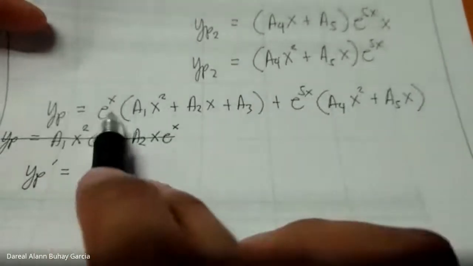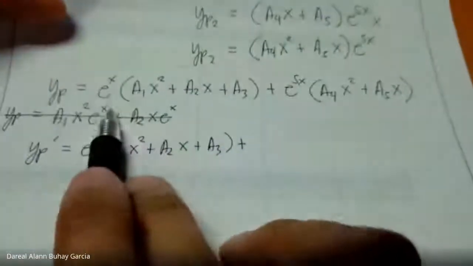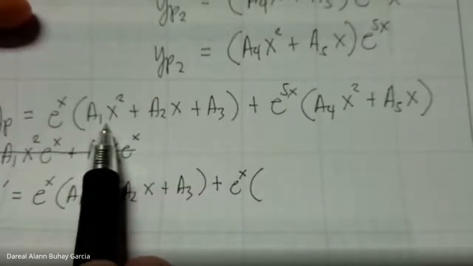Product rule. So the derivative of this one, e to the power of x, copy, plus e to the power of x, the derivative of the second function, 2a1x plus a2.